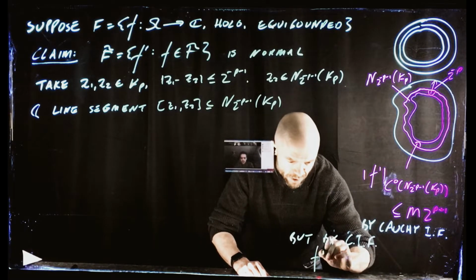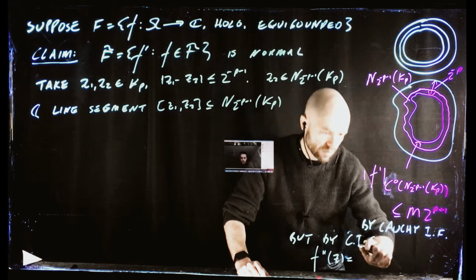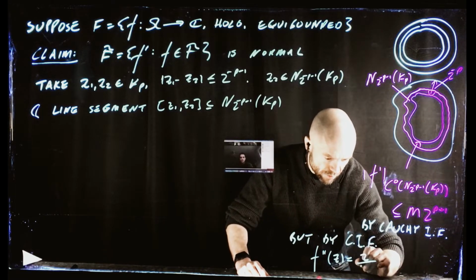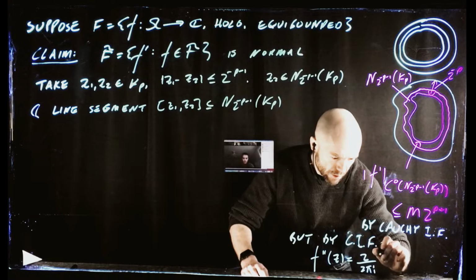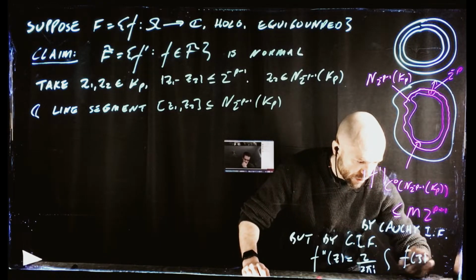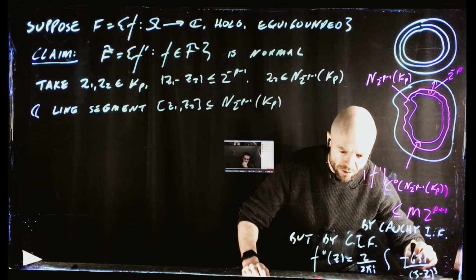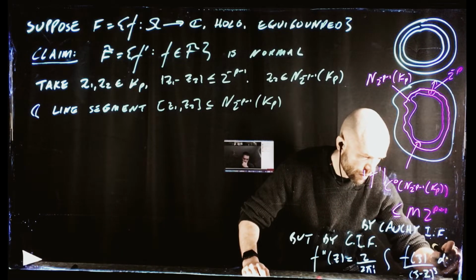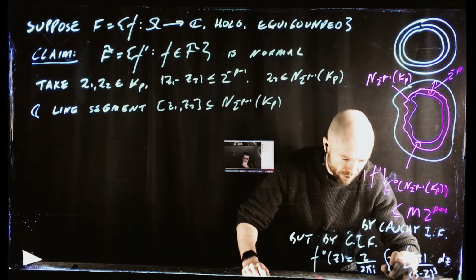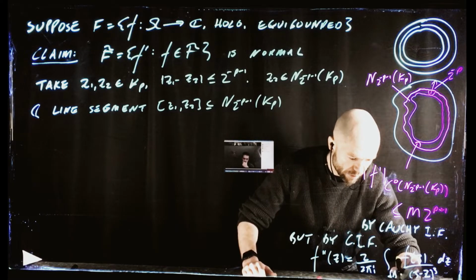We also have that the second derivative at z is 2 over 2 pi i, the integral of f of zeta over zeta minus z to the power 3, d zeta over the boundary of a ball of whatever radius we want.